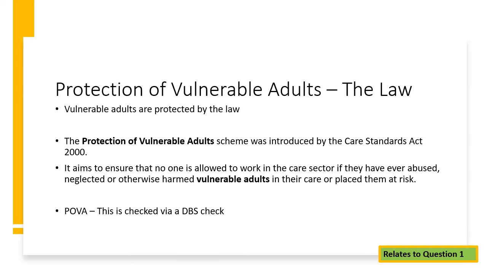Now, DBS stands for Disclosure and Barring Service, and it's a thorough check. So you may have heard people say you need a police check when you're working in care. Well, this is the police check, and it looks very in depth at individuals to check that they are actually safe to work within the care sector.